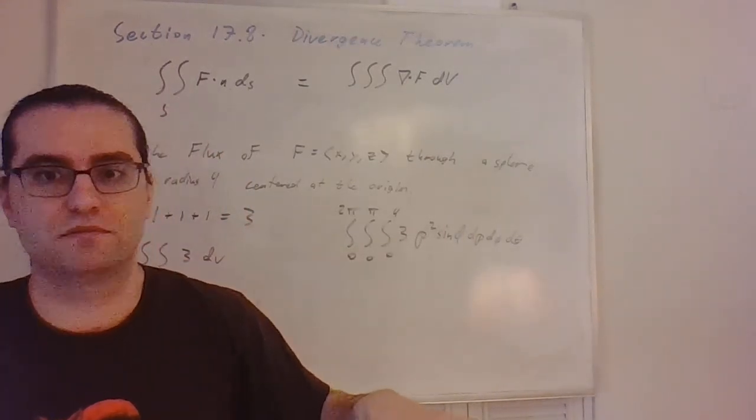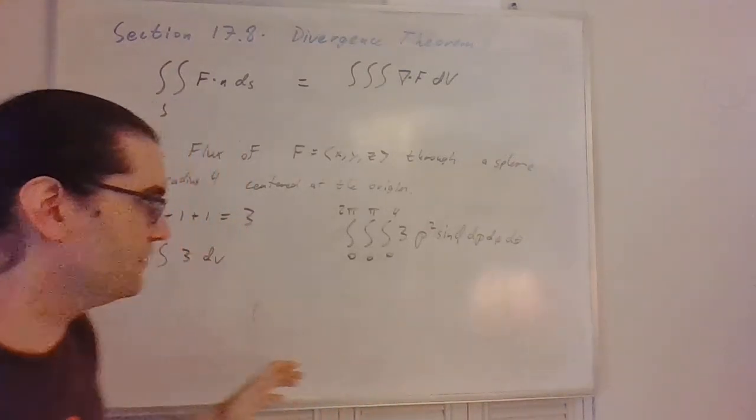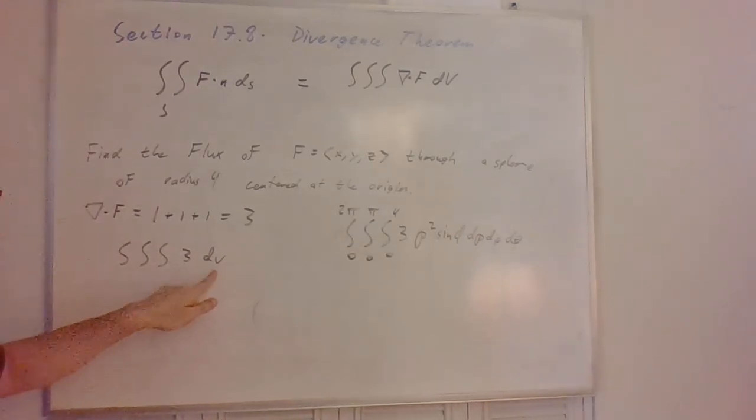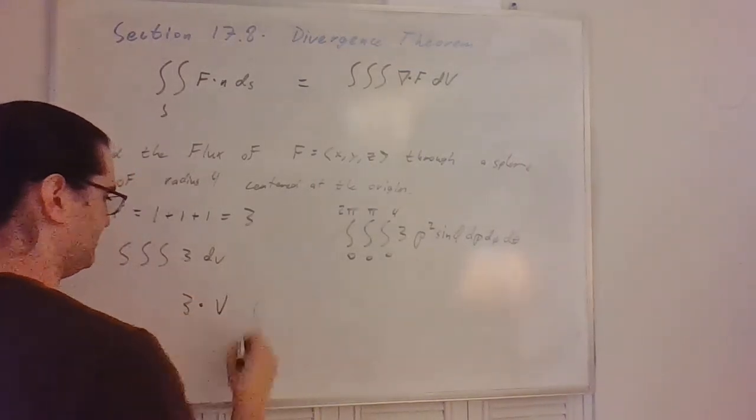Or, if you're not enthusiastic about doing triple integrals in spherical coordinates, we could say that we're integrating a constant over a volume, and we're definitely going to get that constant times the volume.